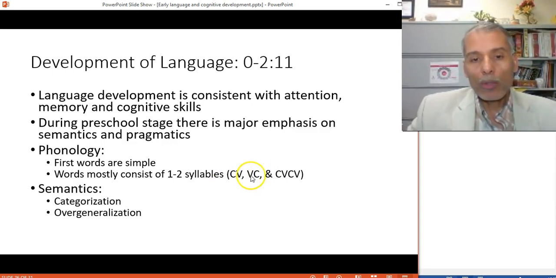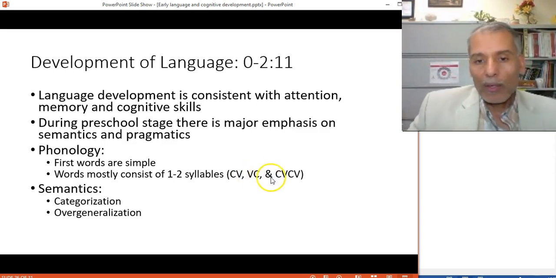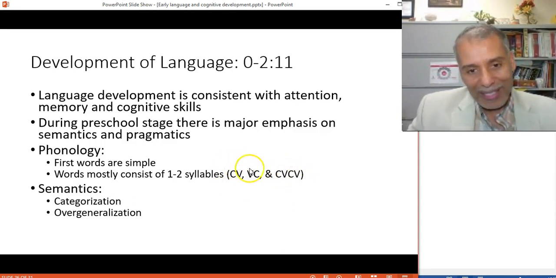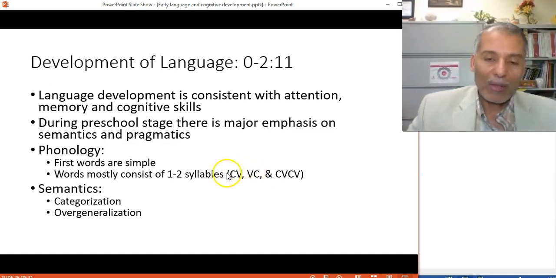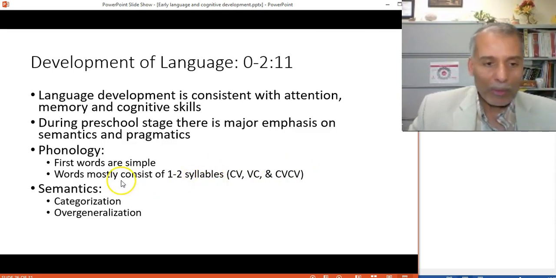They lift their hands up and say up. Then they build two syllables together. They take these and combine them: consonant, vowel, vowel, consonant, or vowel, consonant, consonant, vowel. They combine them together like da-da, ma-ma. That's 2 syllables.